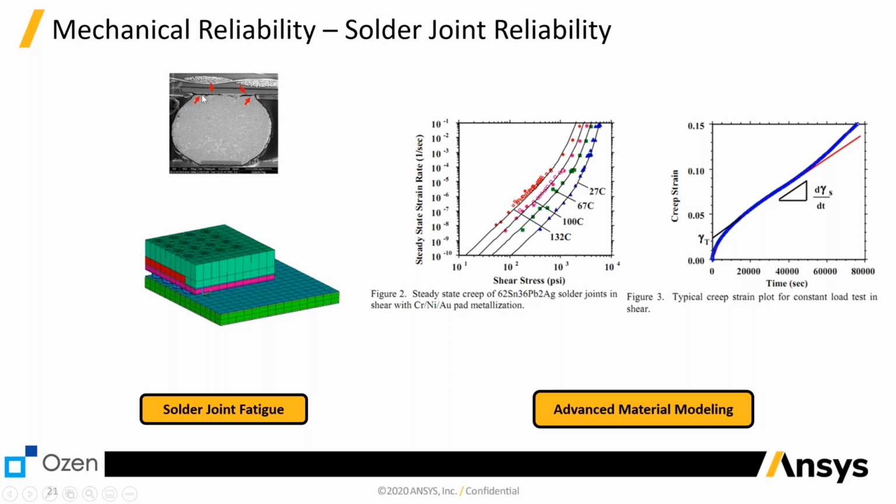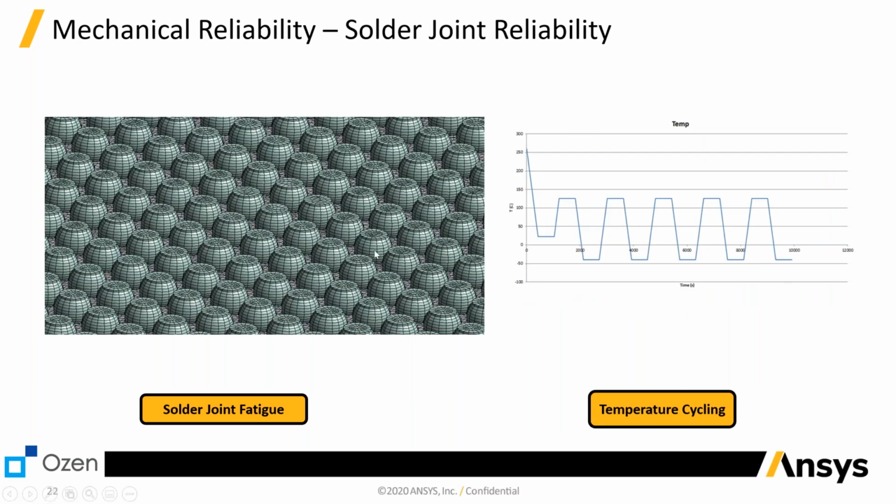And like I said, sometimes it takes 90% of the life for propagation. Lately we have thousands of these solder joint connections, but we can model every single one of them.